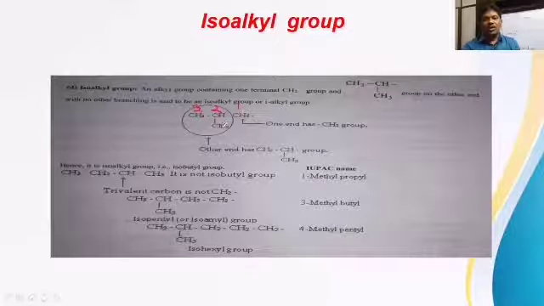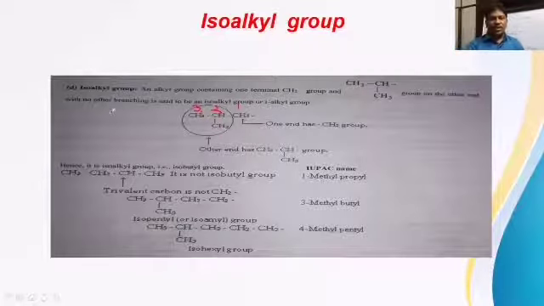So it can be called an isoalkyl group. Totally how many carbons? C4H9. Here 3 plus 3, 6, 7, 8, 9. The C4H9 group is called the butyl group, and it is the isobutyl group.